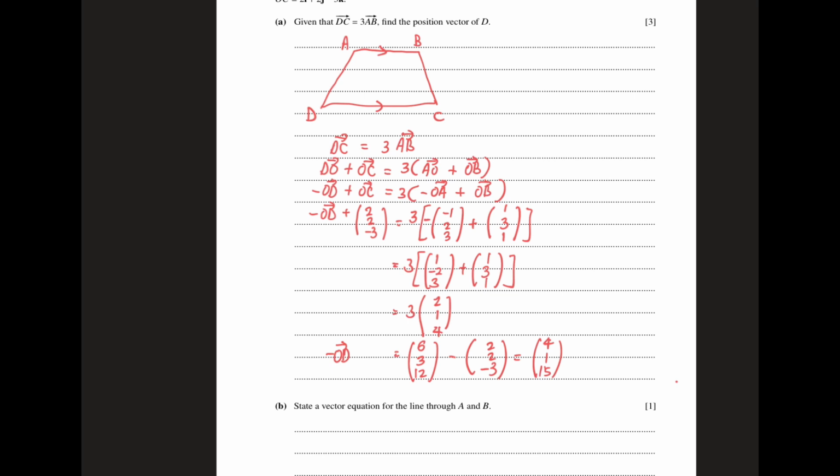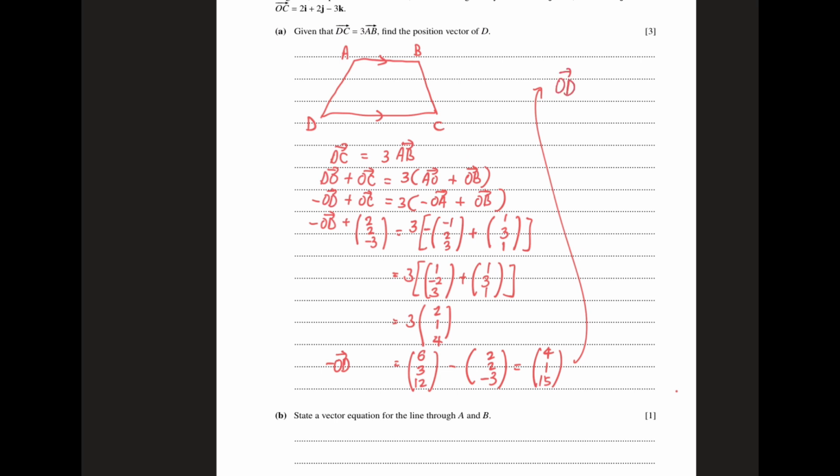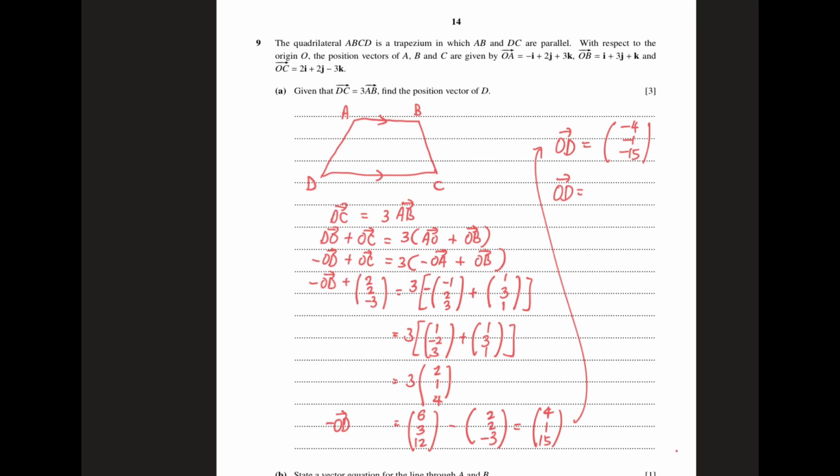So when I get minus OD equal to 4, 1, 15, then OD is negative 4, negative 1, negative 15. Then I have to put it back in the ijk form, because the question is put in that way.